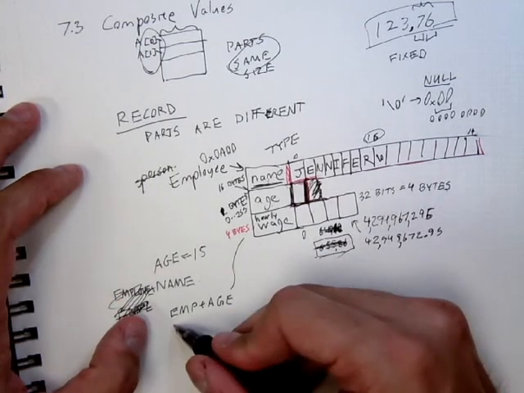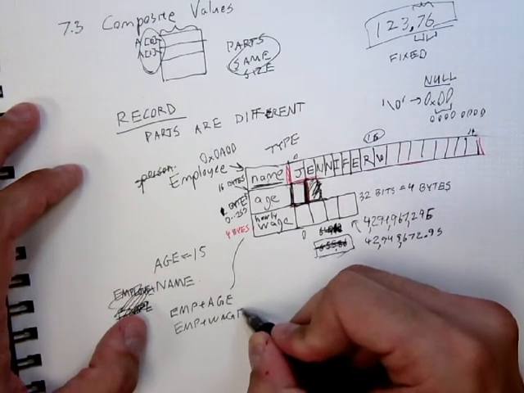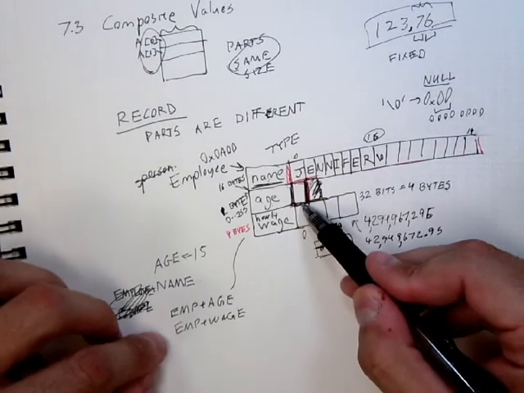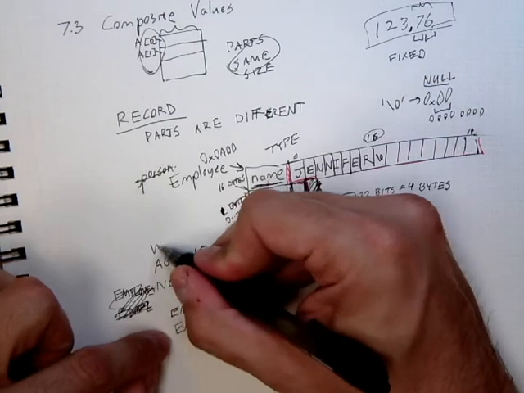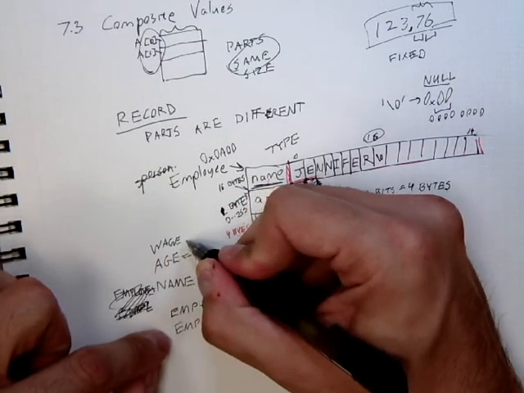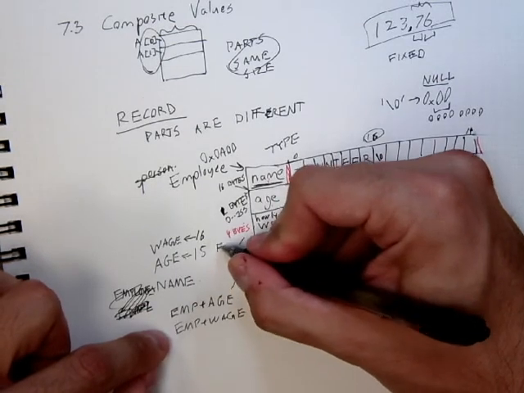Similarly, employee plus wage. The wage would be not at offset 15, but at offset 16. So I would store somewhere that wage is an offset of 16, right? So in hex, this would be an F and this would be a 10.